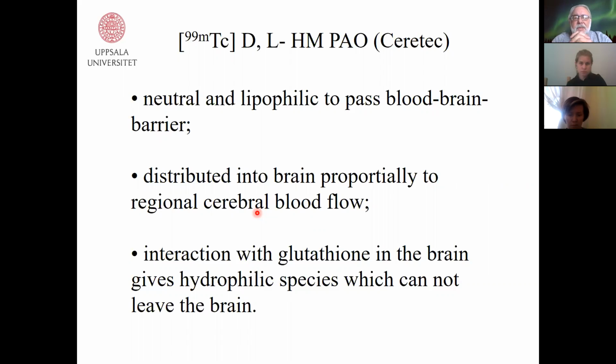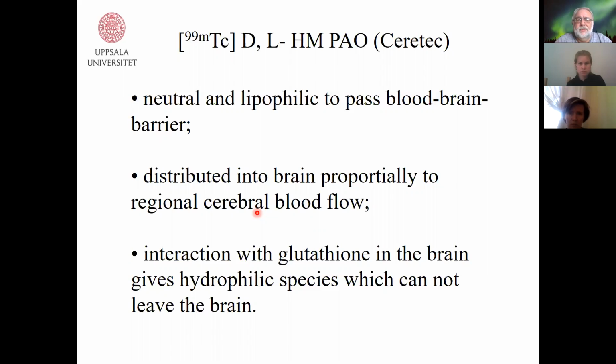So what happens next is that this complex is challenged by glutathione, which exists abundantly in the human brain. And technetium is very thiophilic. It loves to form complexes with SH groups. So it just challenges and steals technetium from the complex. So technetium gets fixed in the area behind the BBB where it was delivered.